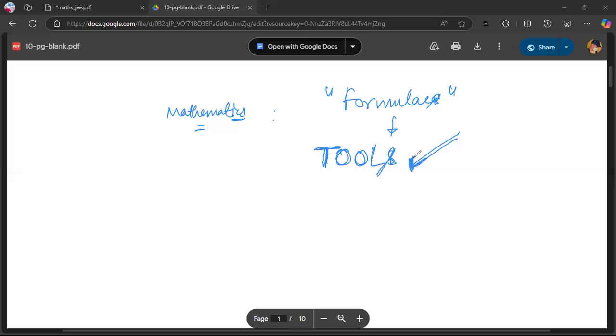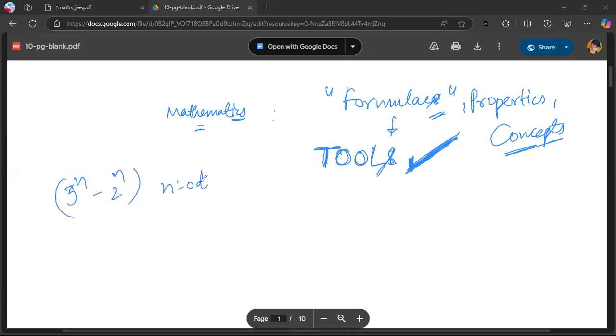Please heed my point that you need to learn your formulas, properties, and concepts really well in mathematics. Only then, when you see questions like this, will you be able to recall, oh, I have studied a property, and that will be used here.